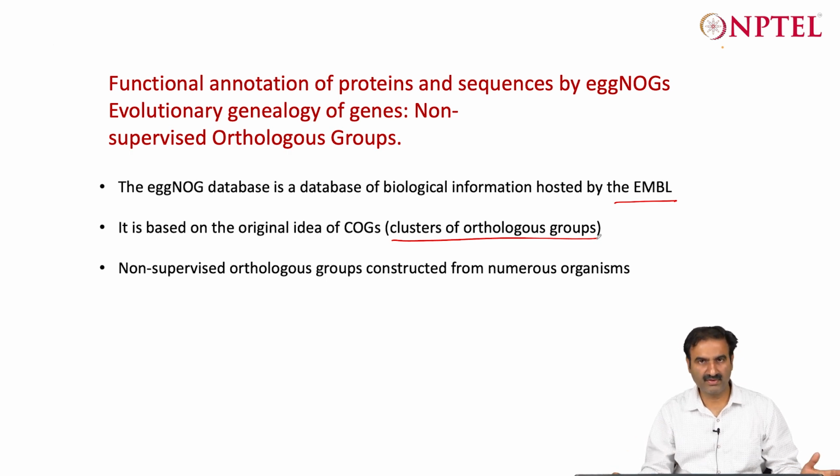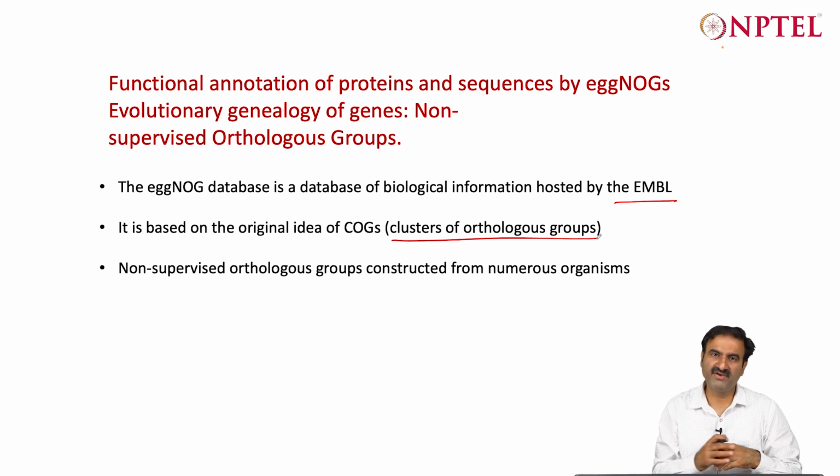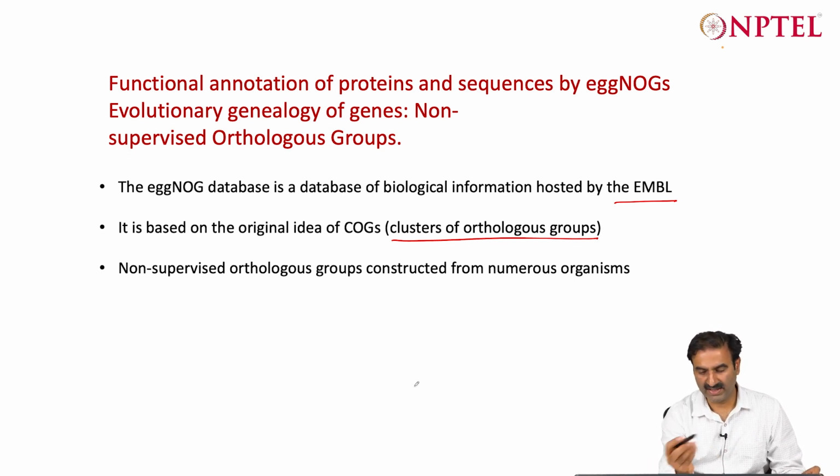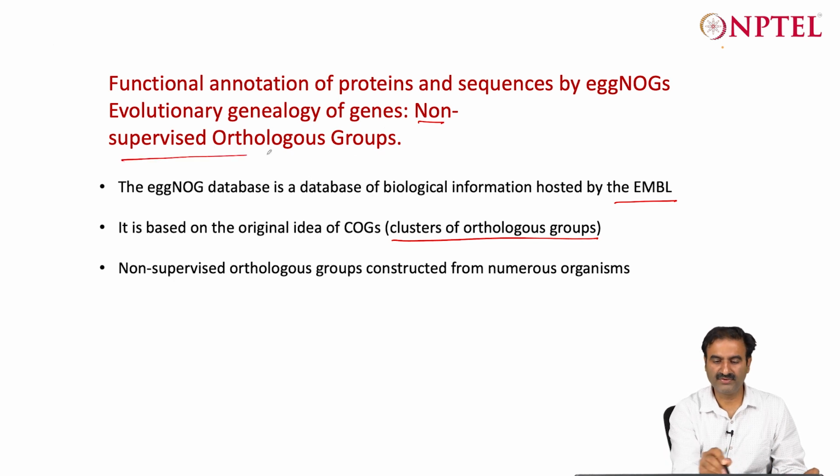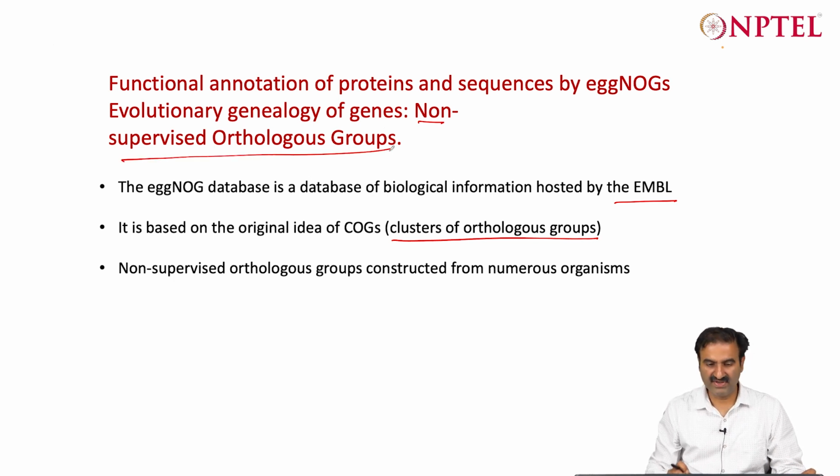So those were COGs, and each of those protein families, that cluster that we made, will be one type of function, and then a similar approach is used for eggNOGs, which is non-supervised orthologous groups. So basically ab initio trying to make orthologous groups.